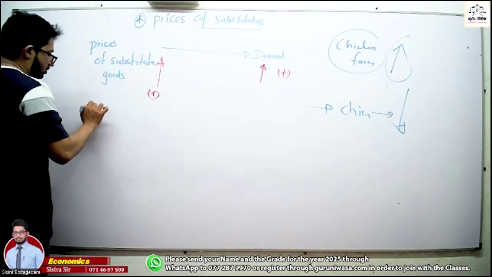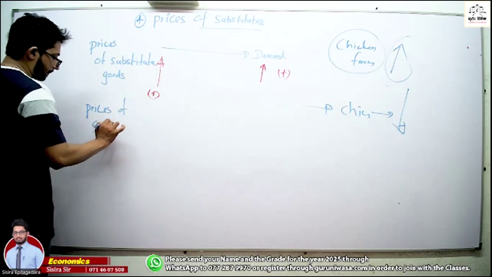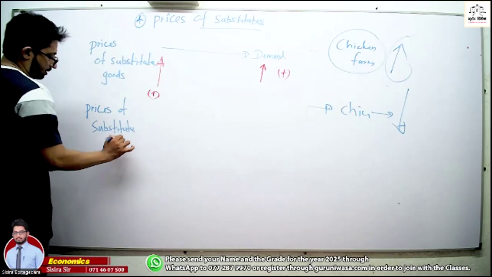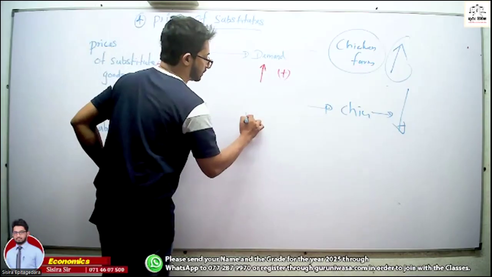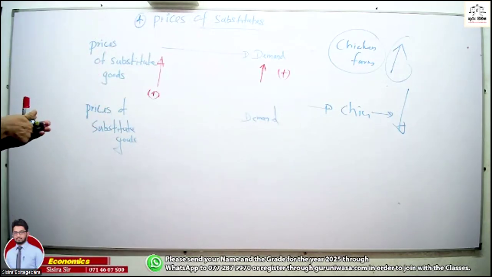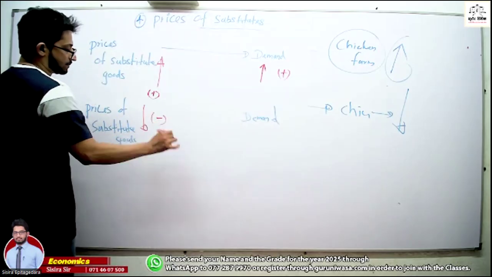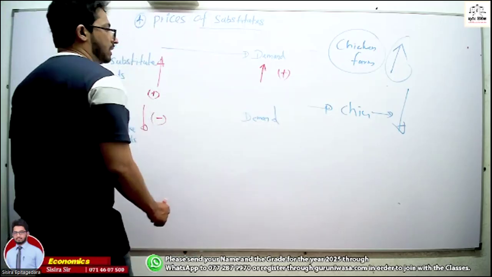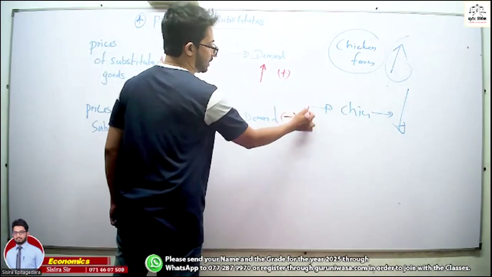Second one, when prices of substitute goods decrease, when substitute goods become cheap, demand for our products will decrease.